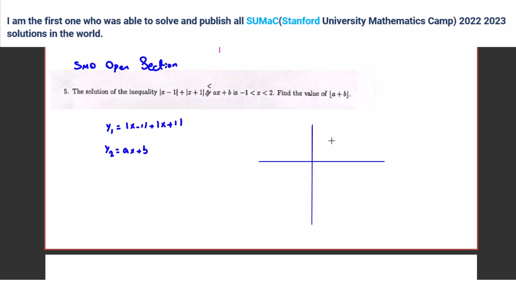Yes, 2x, and it starts from 2. So it will be something like this with this slope. Between 1 and negative 1, it is what? If x is between 1 and negative 1, y1 is what? Y1 is 1. No. Pay attention.